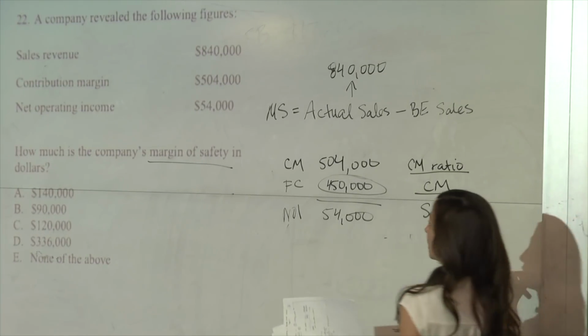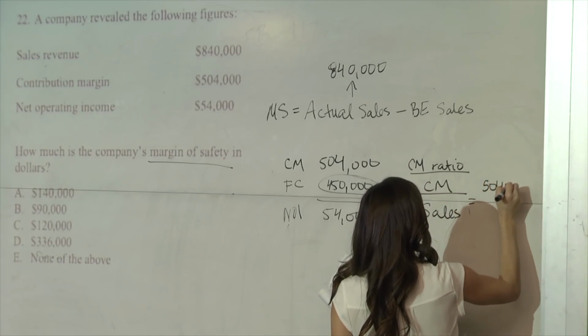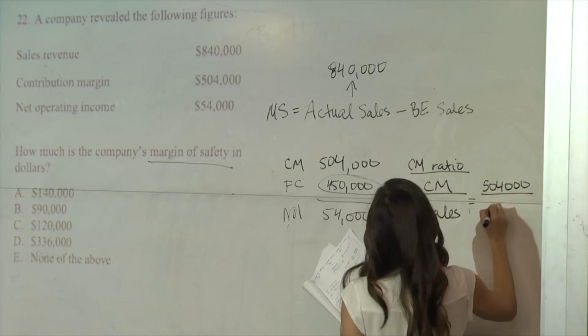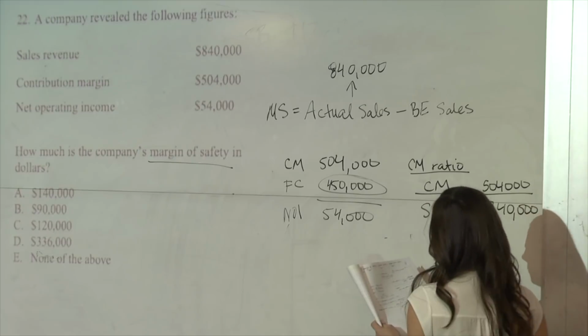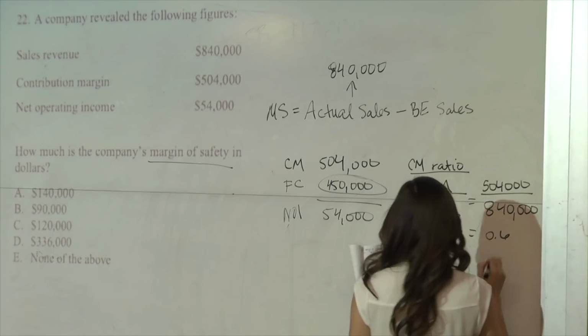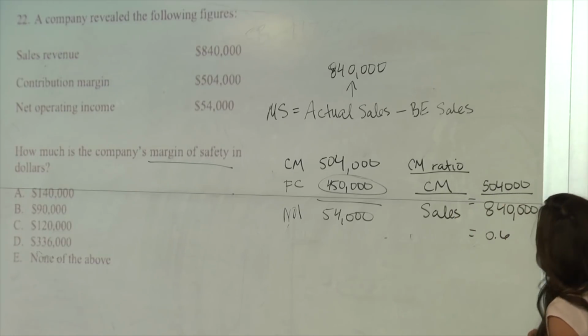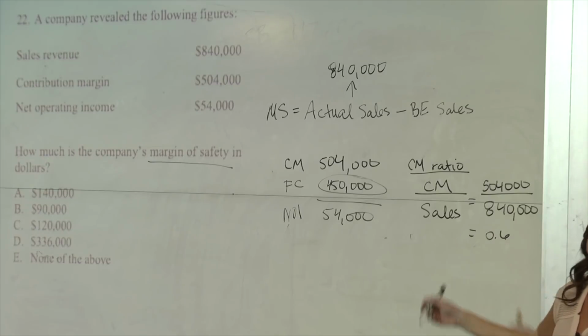So we have both of those pieces: 504 over 840. Okay, so we get a ratio of 0.6, or 60%.